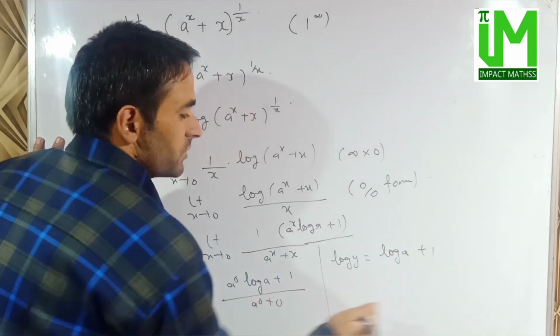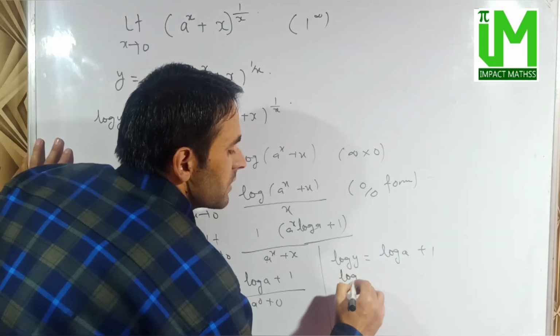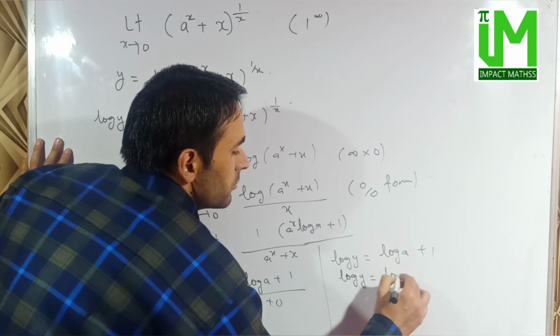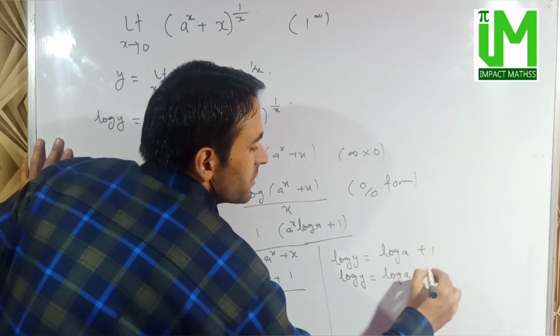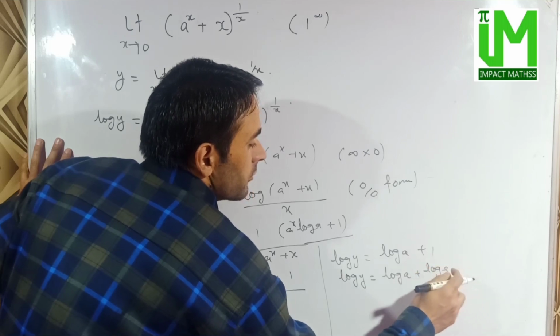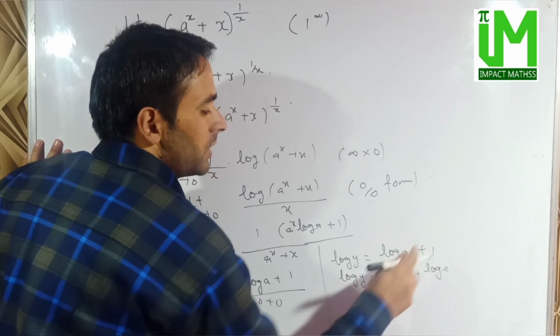So a raised to the power 0 is 1, so divide में 1, which can be written as log of y is equal to log of a plus, this one can be written as log of e, because we know log of e to the base e is equal to 1.